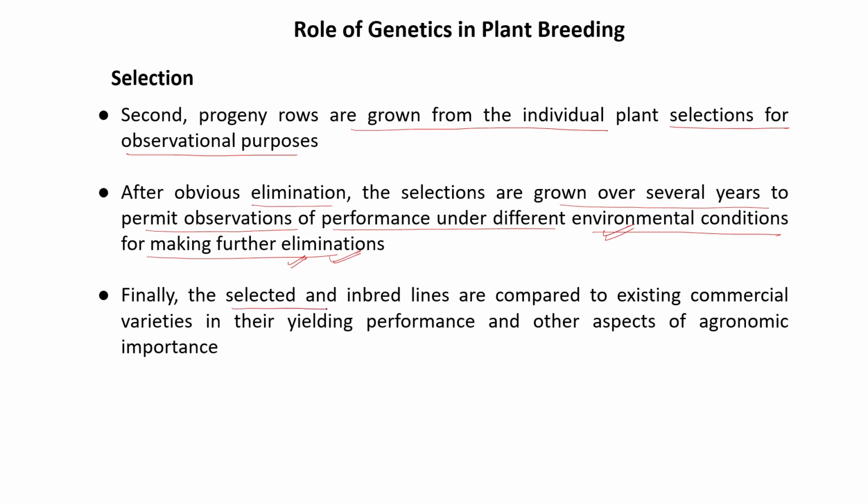Finally, the selected and inbred lines are compared to the existing commercial varieties in their yielding performance and other aspects of agronomic importance. So these selected lines then undergo the inbreeding process. A number of times we will inbreed and we can have a good or desirable variety of that particular species.